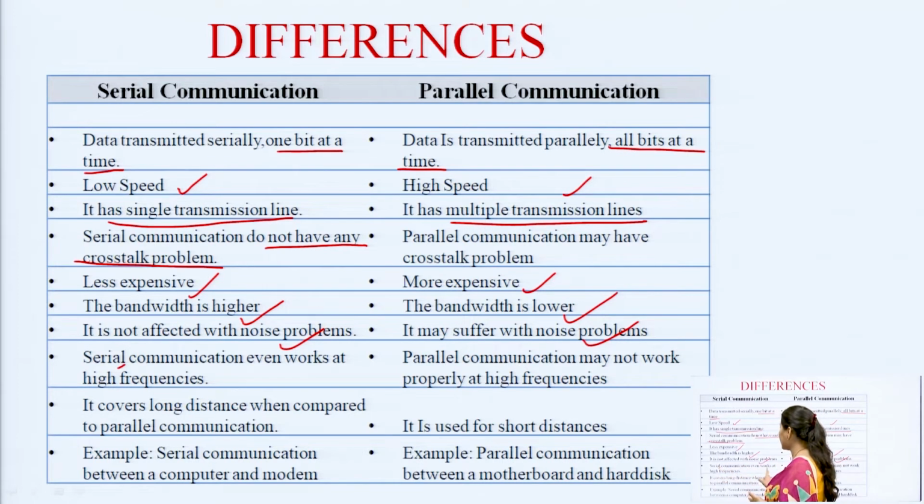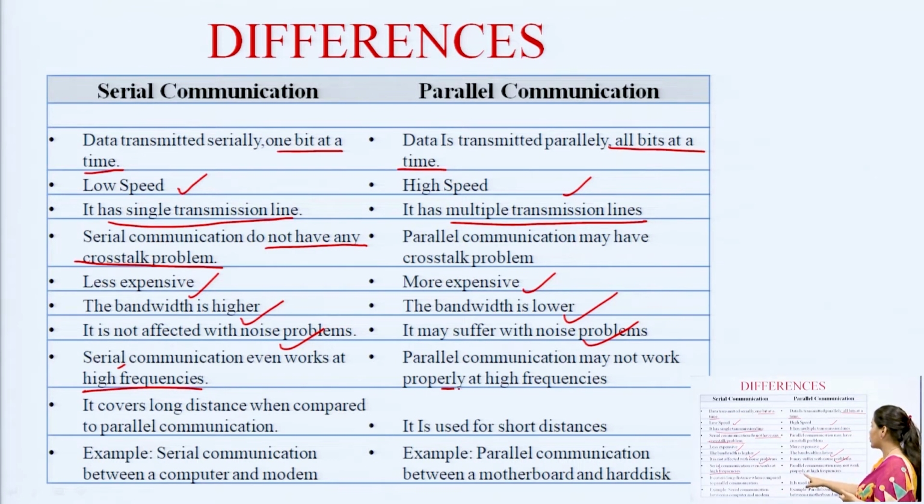Serial communication even works at higher frequencies, while parallel communication may not work properly at higher frequencies. Why? Because at higher frequencies the problem of crosstalk becomes more and more prominent. So, we have to use limited frequencies, and for that purpose parallel communication is not so good.